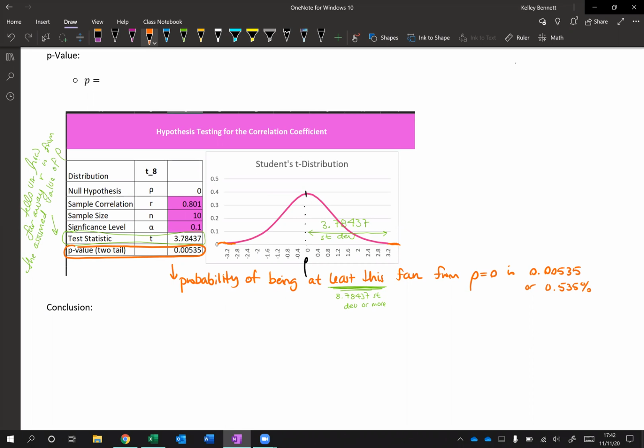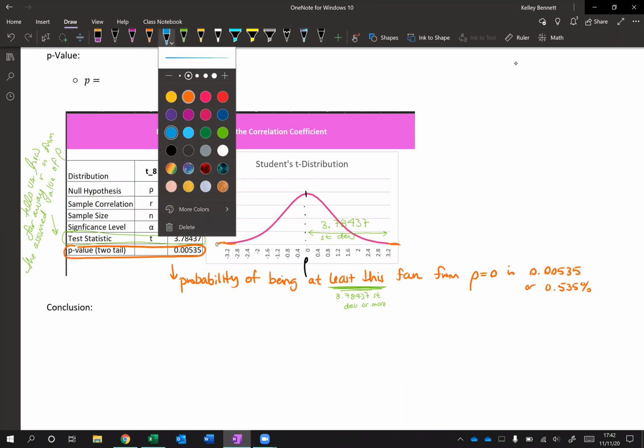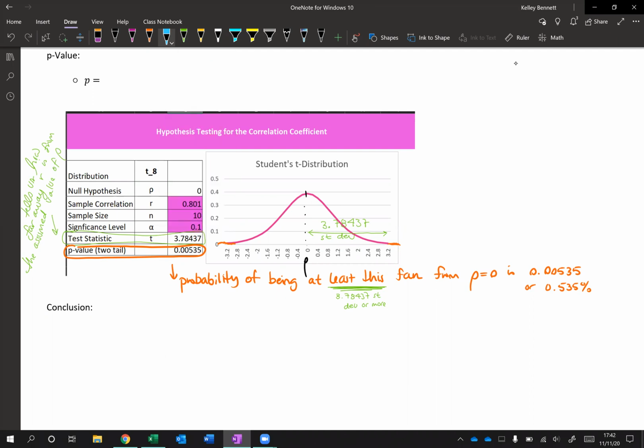And so what we have is that the rejection region, because alpha is 0.1, the rejection region is really like 5% on each side, right?